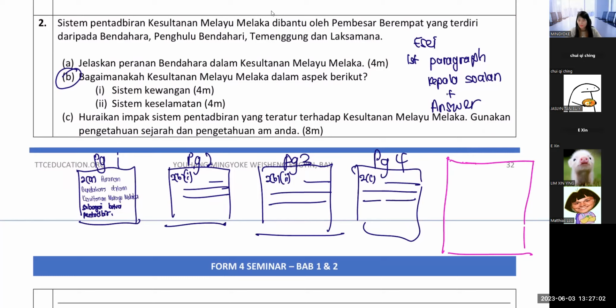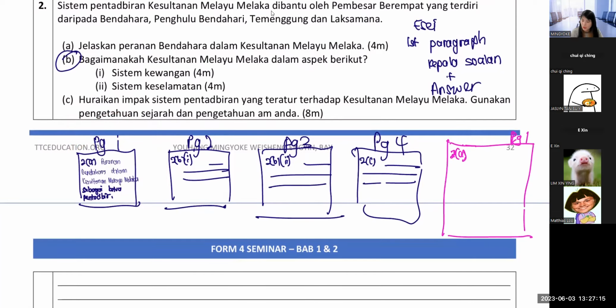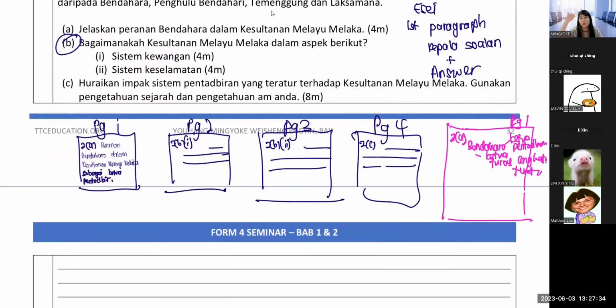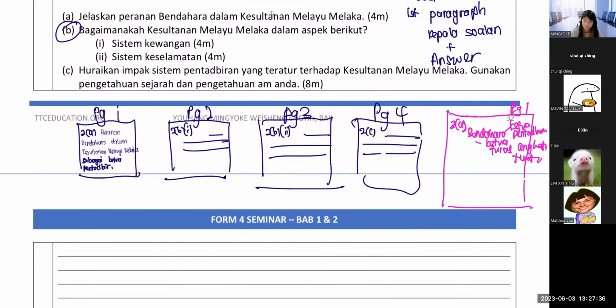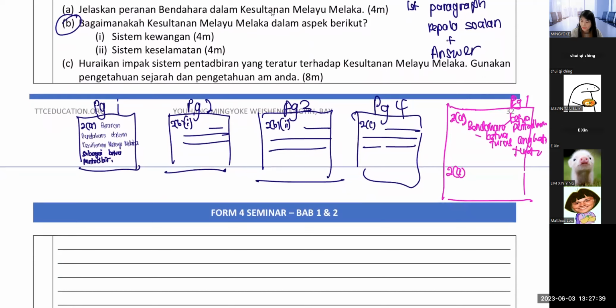So for example, before you even write your answer, here, 2A, your page 1, you can write the draft there. For example, you write, okay, so bendahara is a ketua pentadbir. Then is a ketua turus angkatan tentera, like that. You can write the draft on top. Then after that, only you start your 2A at the bottom.